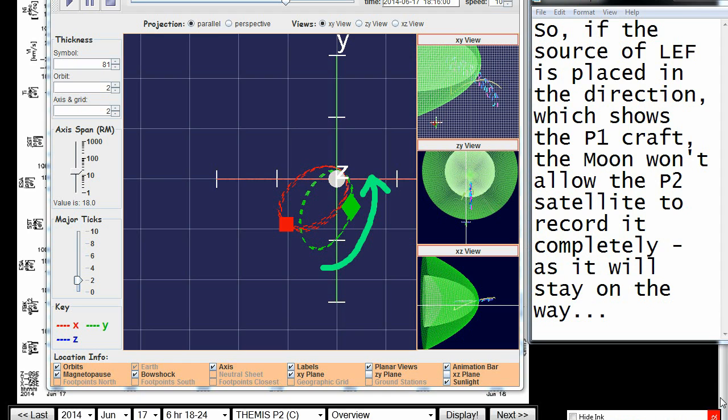So, if the source of the low energy field is placed in the direction which the P1 craft shows, the Moon won't allow the P2 satellite to record it completely, as it will stay in the way.